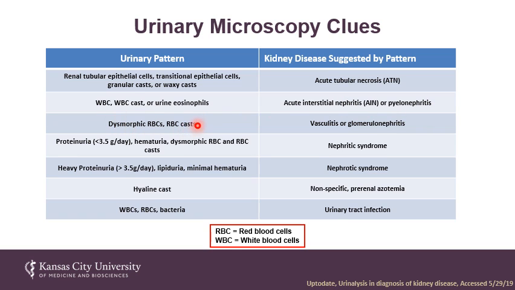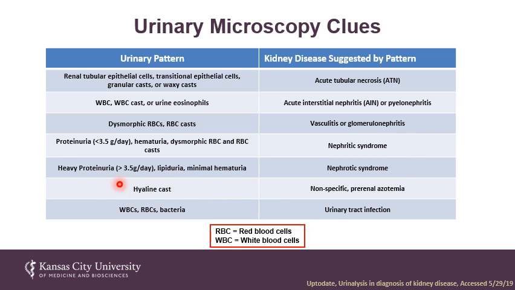If they have red cell cast or abnormal appearing red cells, they could have a vasculitis or a glomerulonephritis. If they have proteinuria, hematuria with abnormal red cells and red cell cast, that very well could be nephritic syndrome. Whereas heavy protein with fat in the urine and minimal amounts of blood is more likely nephrotic.